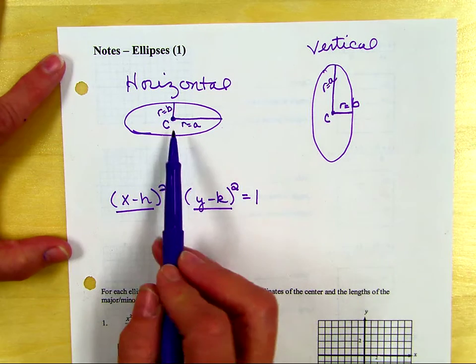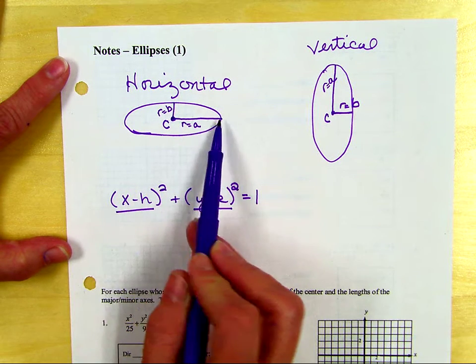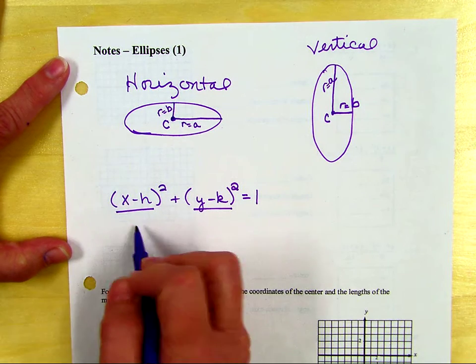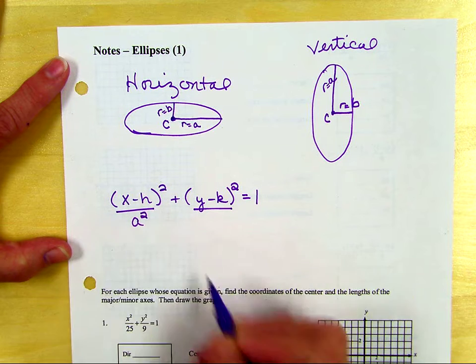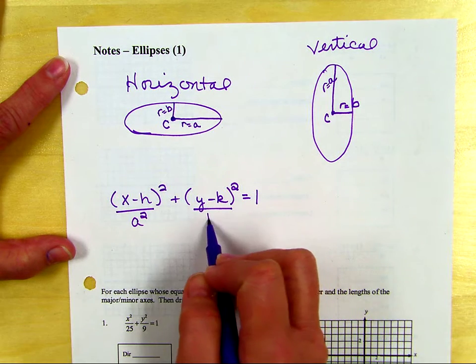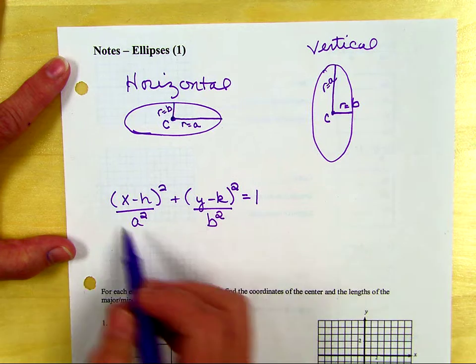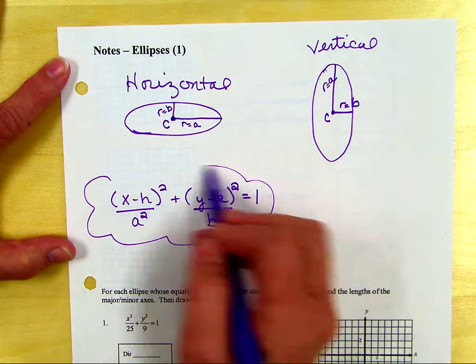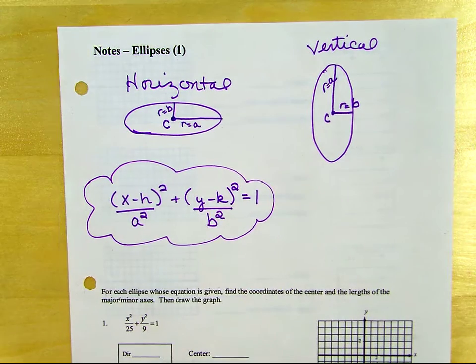So in this equation, the x direction is bigger, so under the x, I've got a squared. The b is smaller, so under the y, I've got b squared. That's the equation of my ellipse when it's horizontal.